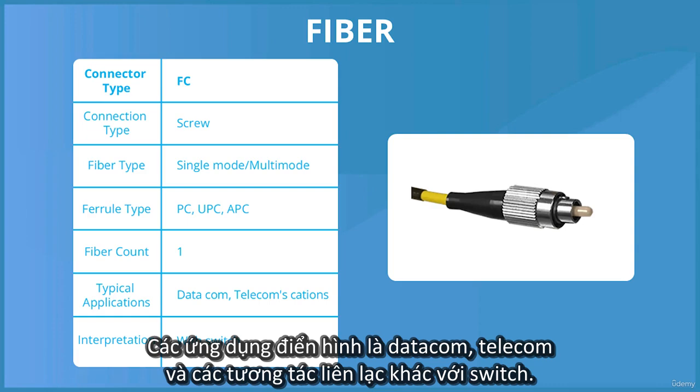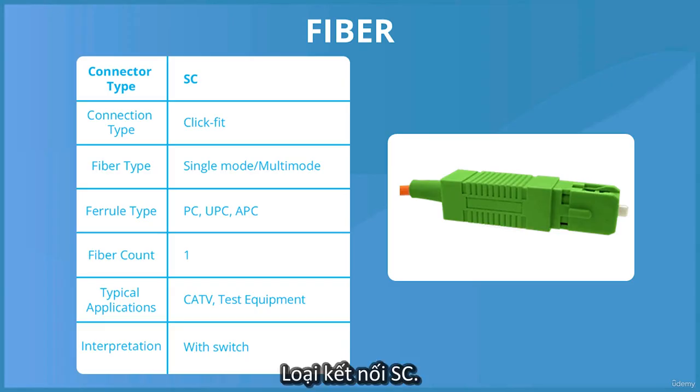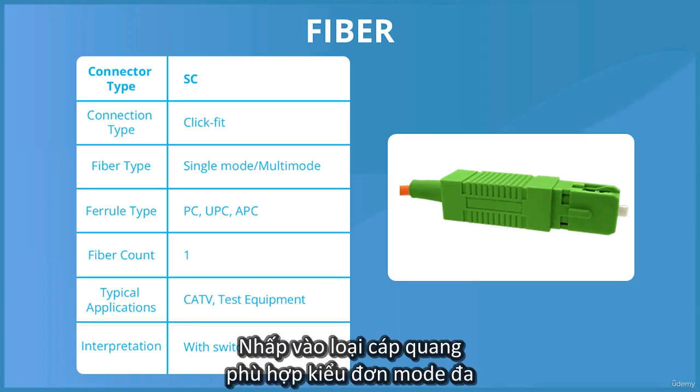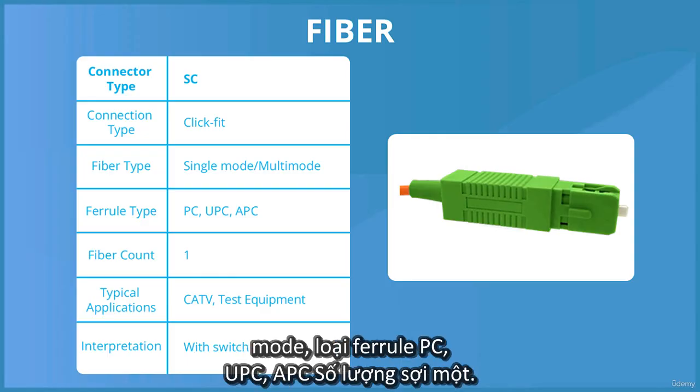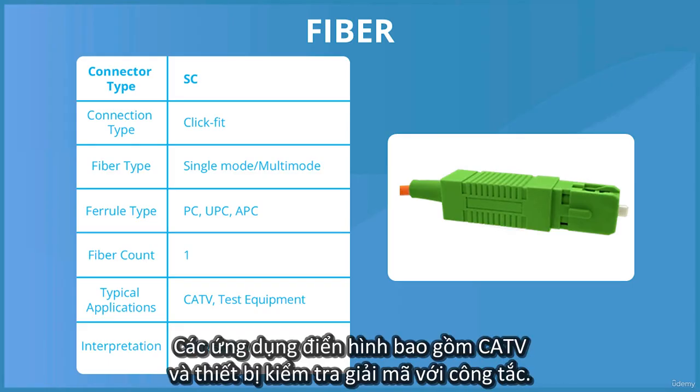Interoperable with switch. Connector type SC, connection type click fit. Fiber type single mode, multimode. Ferrule type PC, UPC, APC. Fiber count 1. Typical applications include CATV and test equipment.